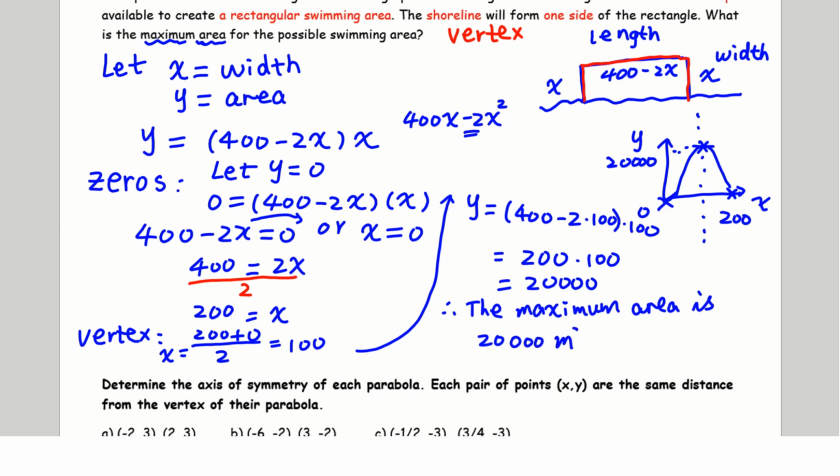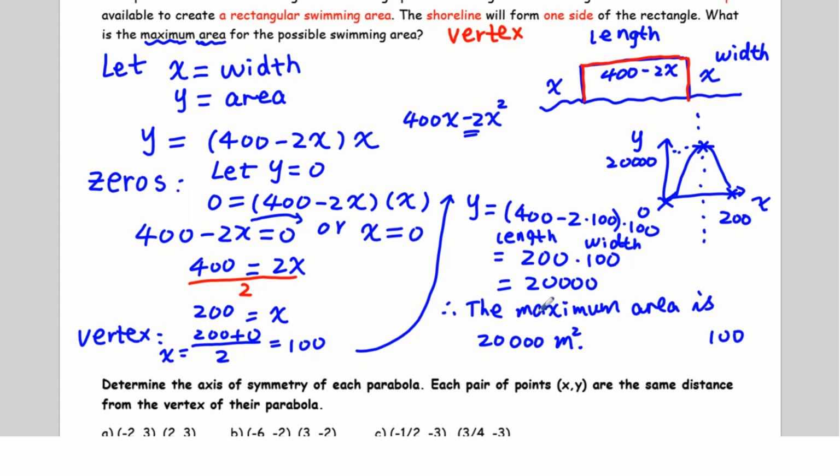square meters. If you want to find the dimensions, you will see the width is 100 and the length is 400 minus 2 times 100, which is 200. So this is the length and this is the width.